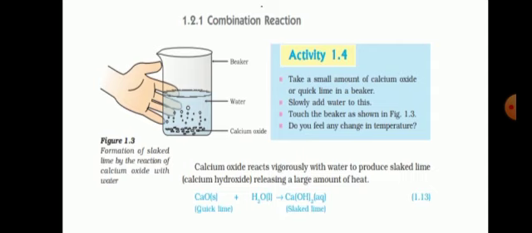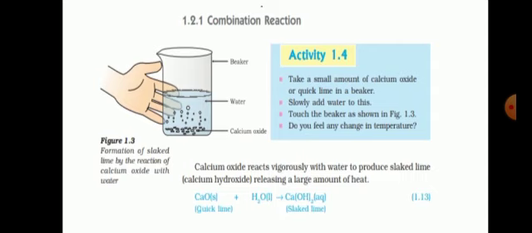So let's see an activity here, which is already given in your NCERT textbook, that is activity 1.4. I'm going to explain this activity for your combination reaction. To do this activity, the required materials are a beaker, some amount of water, and some amount of calcium oxide or quicklime.